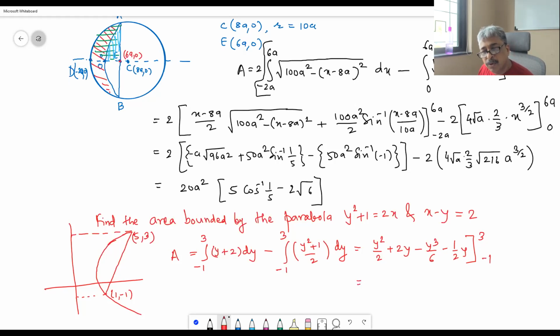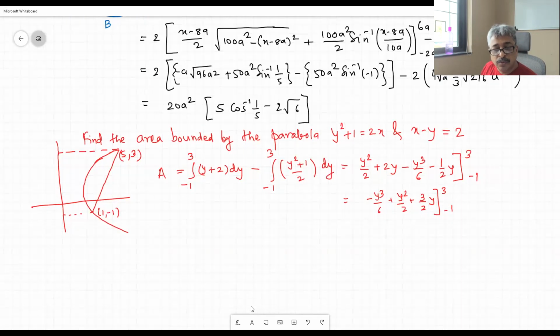So what do we have? Is that correct? What I am writing is correct? Yes. So we have this term minus y cube by 6. We have only one square term, so plus y square by 2. And what happens with these two? Plus 3 by 2 y to be evaluated 3 to minus 1.